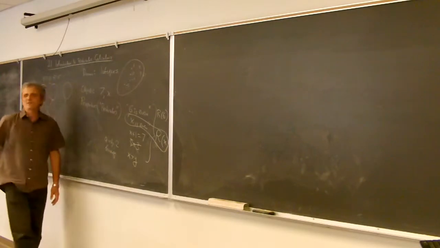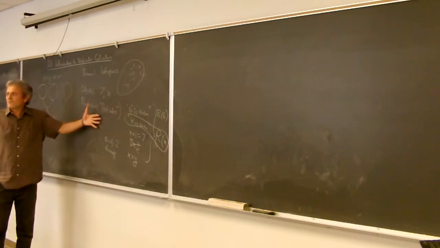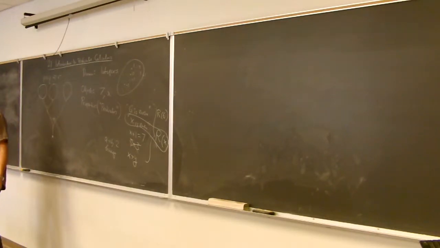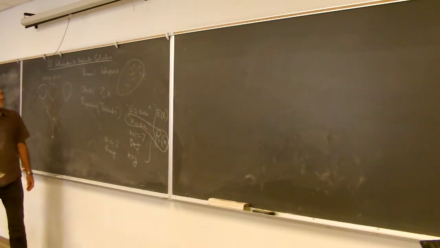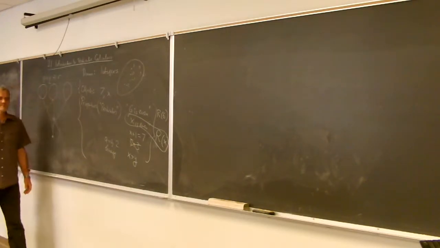We'll talk more about predicates in chapter 6, but this is just something that we need in order to be able to talk. So you always use predicates to talk about your objects. So we have objects, we have predicates.